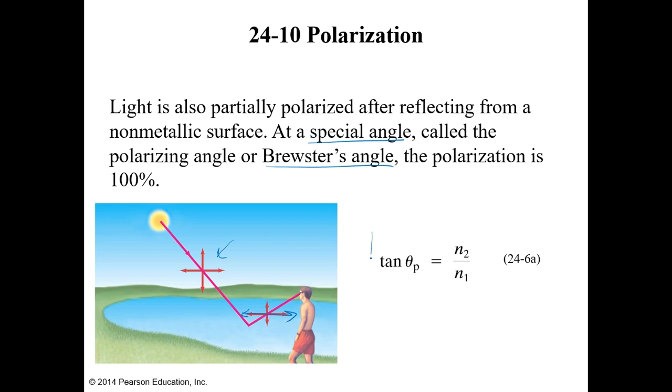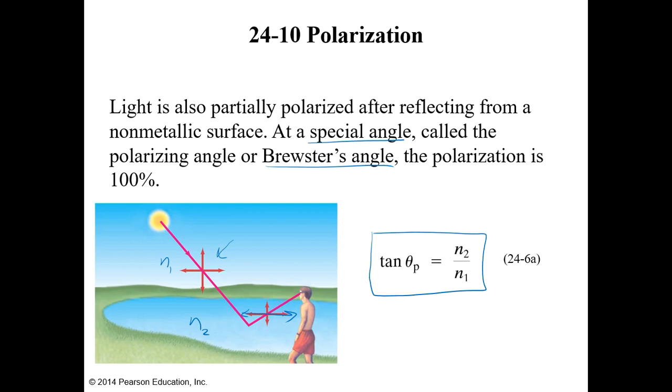And we can find that angle by using the tangent of Brewster's angle, theta p. It's going to equal n2 divided by n1, where n2 would be the index of refraction of the reflecting surface, and n1 would be the index of refraction of the incident medium. This is why when you're driving around or you're out on the water, it's nice to have polarized sunglasses.